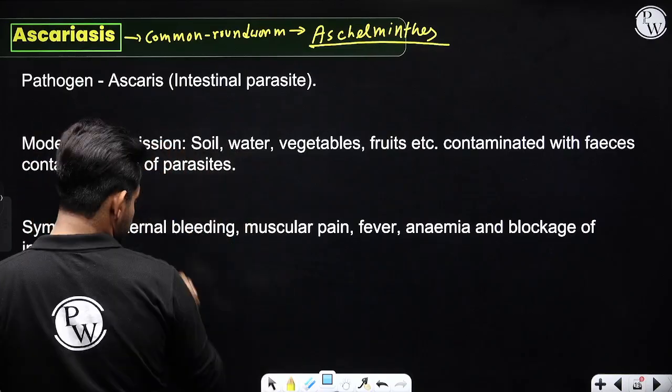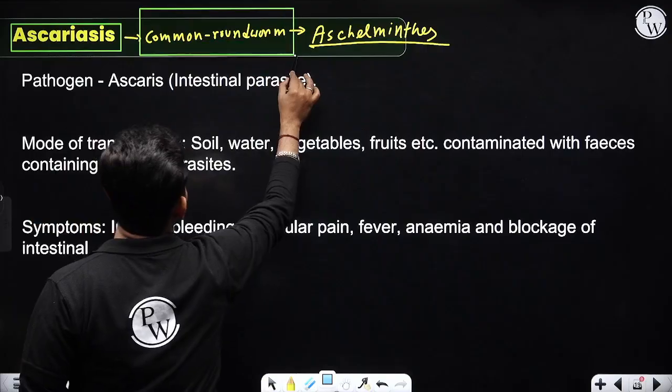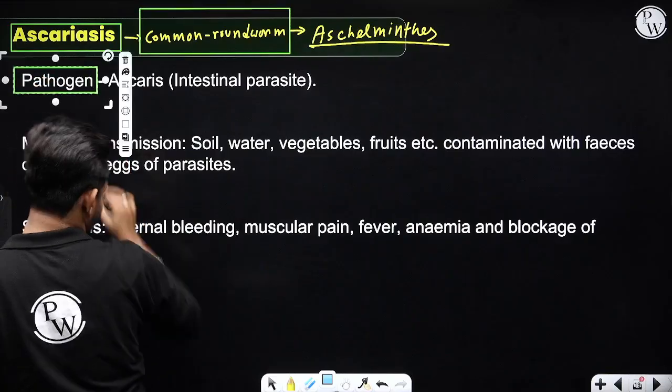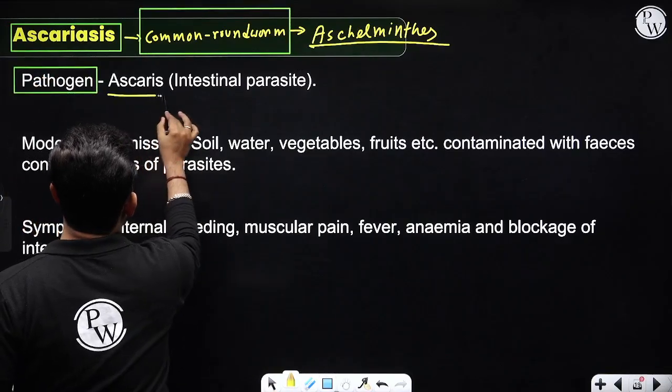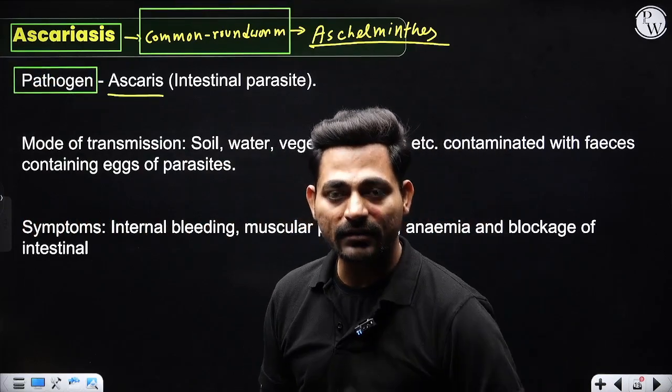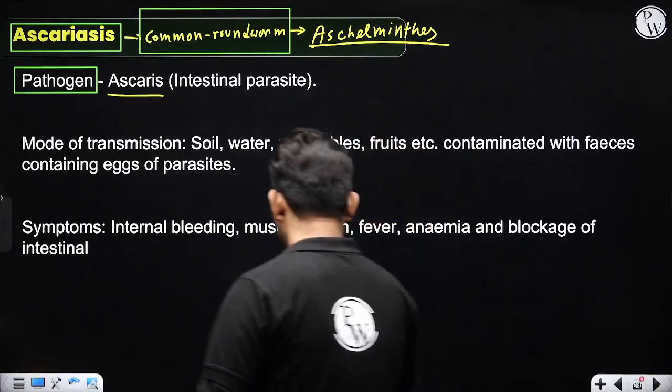So ascariasis is caused by the common roundworm belonging to the group Aschelminthes. The scientific name of this pathogen is Ascaris. It is also an intestinal parasite. It will attack our intestine.